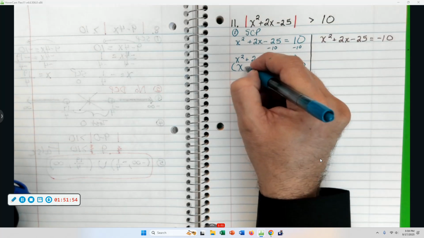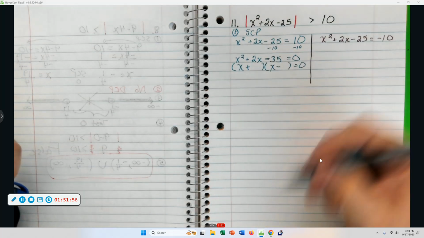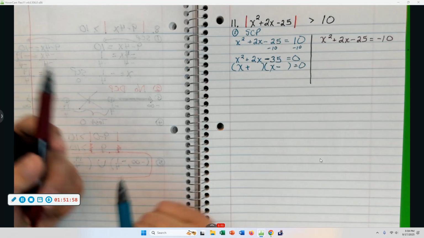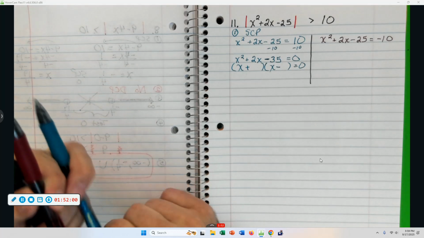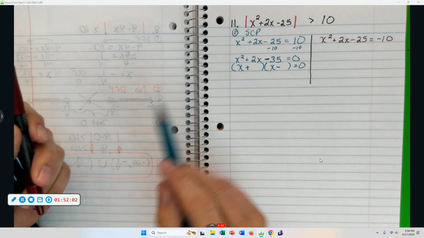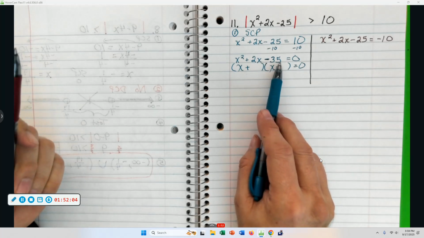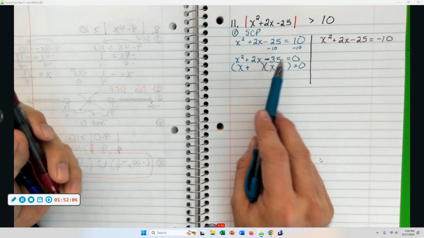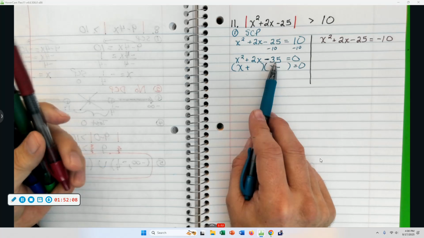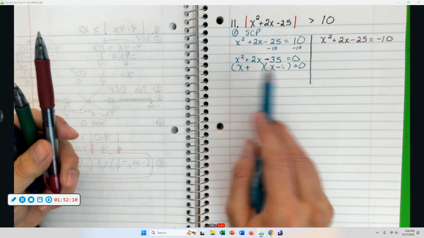I'll put plus and minus, although my habit is to wait. And now, 1 times 35 or 5 times 7? 5 times 7. With a simple trinomial, you choose the pair that adds or subtracts.